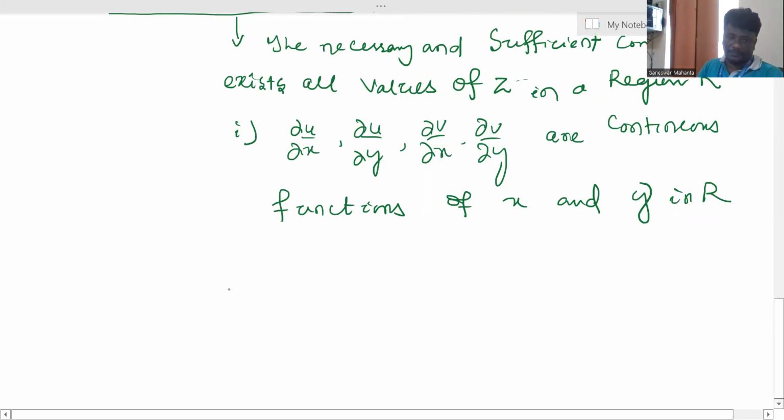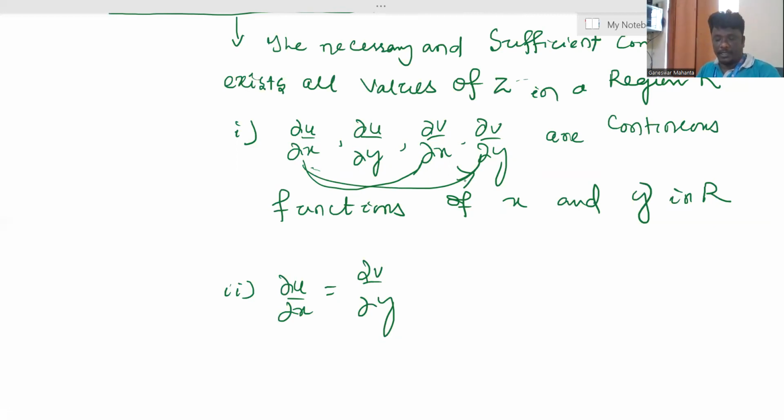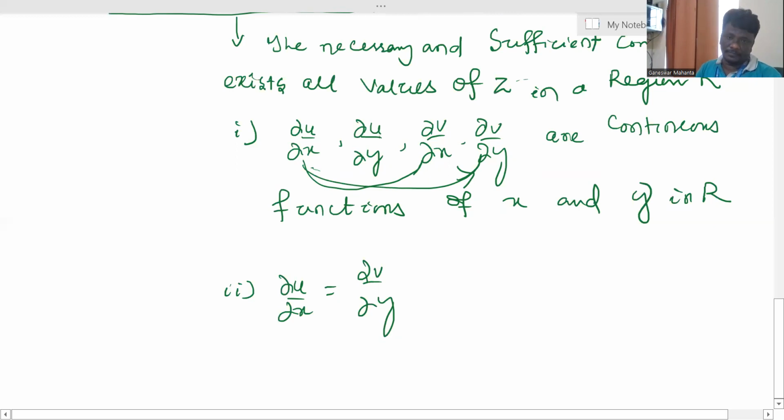What is the second condition? Del u by del x is equal to del v by del y, and del u by del y is equal to minus del v by del x.